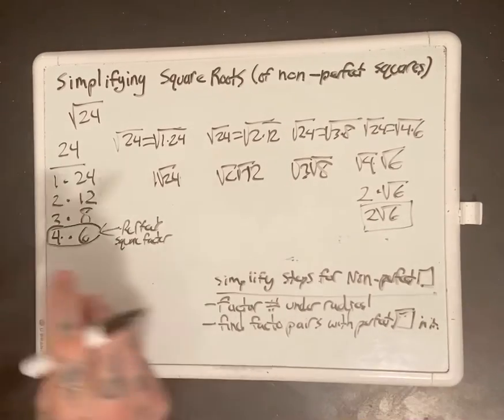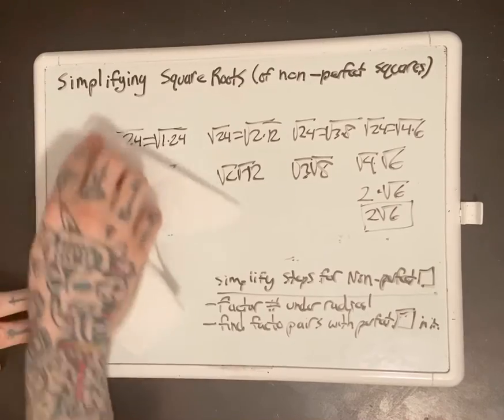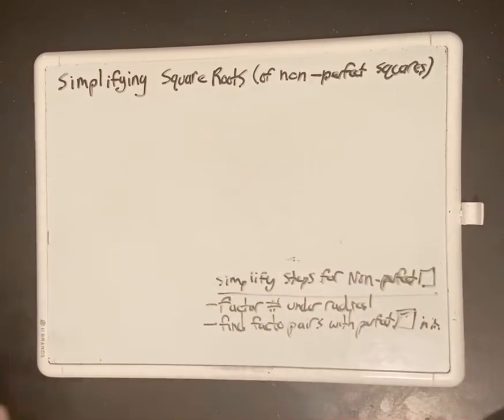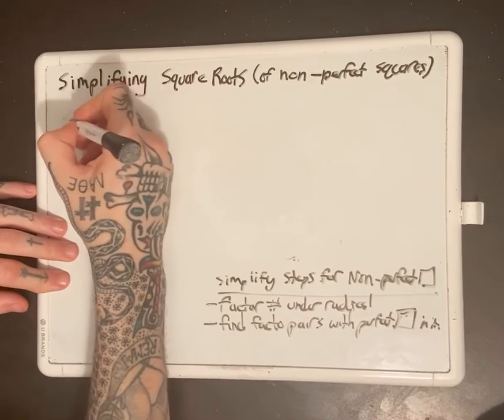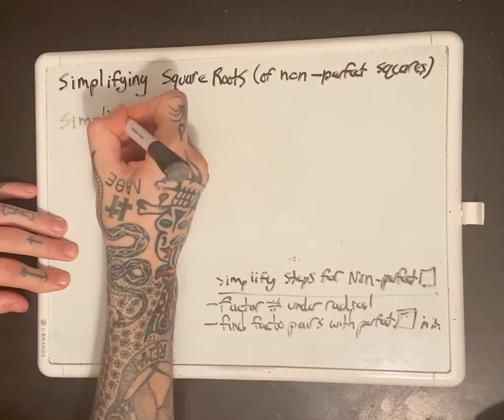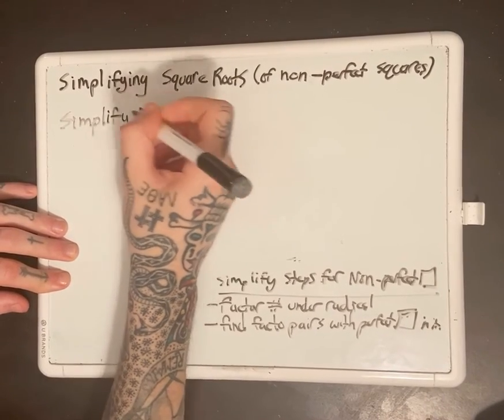All right, we're going to look at one more example, and then you should have enough information to move on to the handout. So, simplify square root of 80.